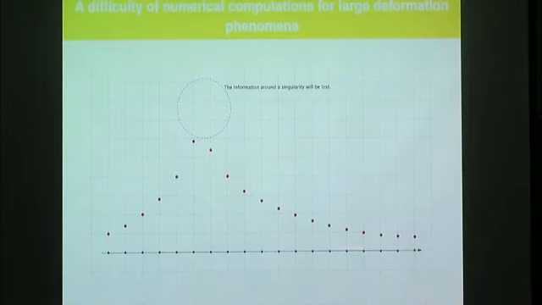So this means that you will not get data between the grid points. If you compute this kind of large deformation phenomenon using a finite difference scheme, you will lose a lot of information, and finally you will get a bad result.